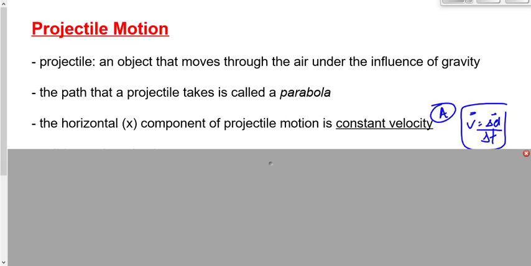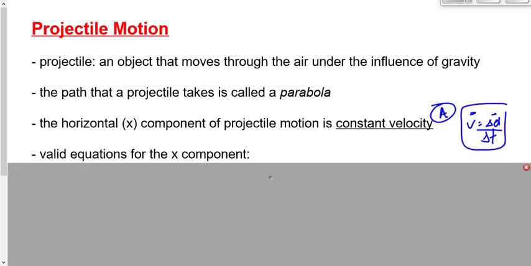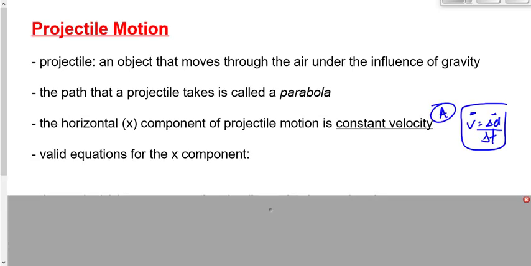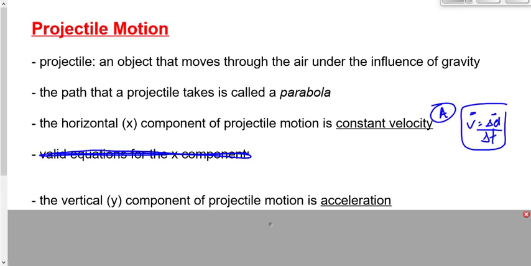Always, because it's constant velocity. Now, the vertical component, or the y component, I guess I got ahead of myself there. I wrote down the equation before I uncovered that next piece of notes. That's okay. The vertical component is acceleration.